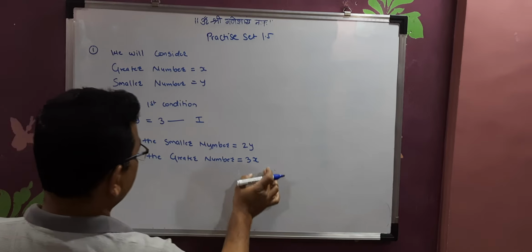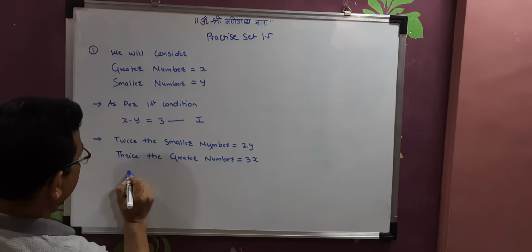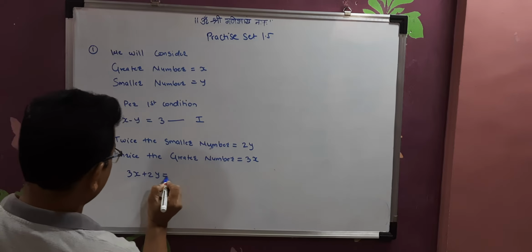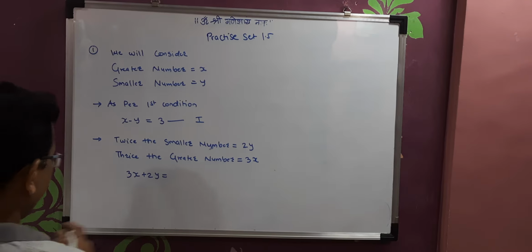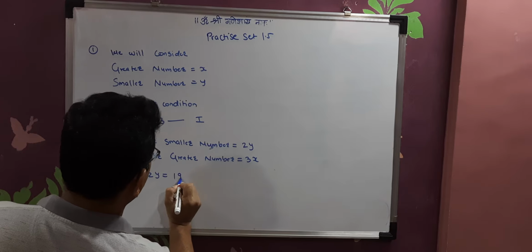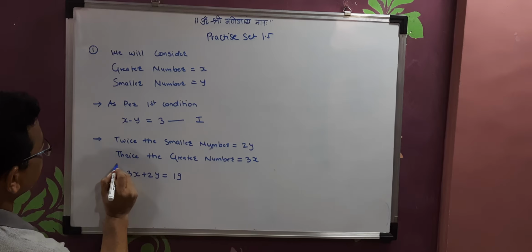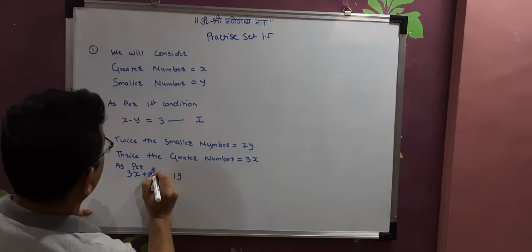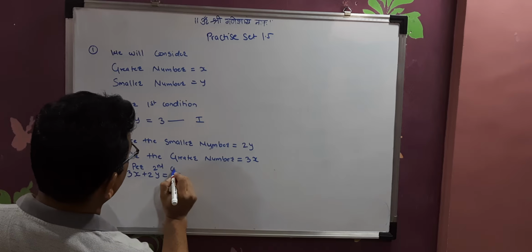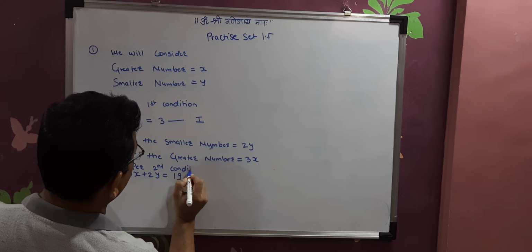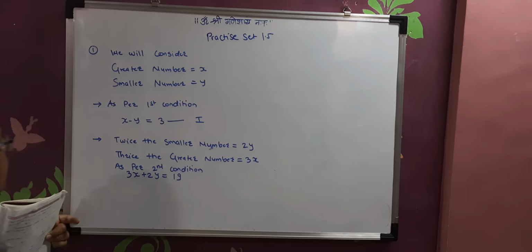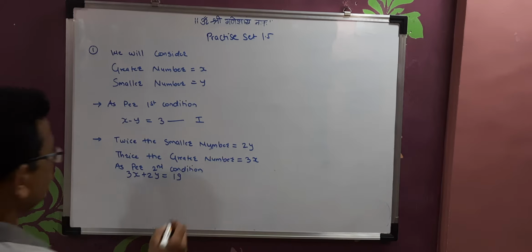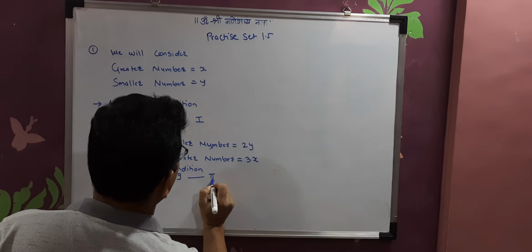Twice the smaller number means, since the smaller number is y, it is 2y. Thrice the greater number means 3x, because the greater number is x. We have to add both of these, so as per the second condition, 3x plus 2y is equal to 19. This is equation number 2.